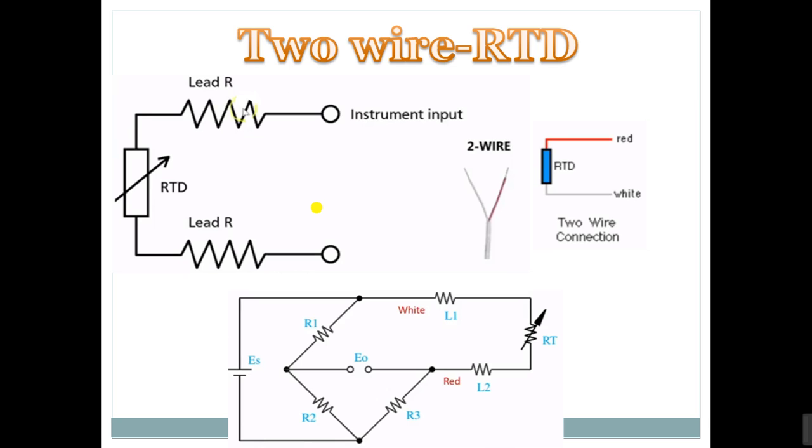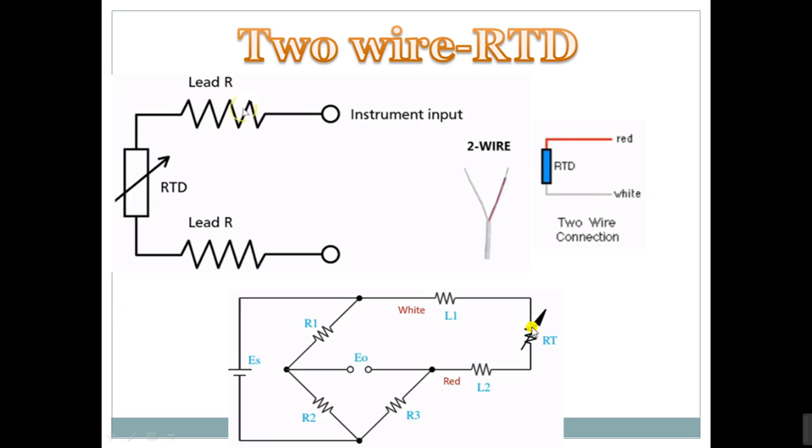The first case shown in this diagram represents 2 wire RTD. See here, 2 wires, one is red, another one is white. The length of the wire also adds some resistance, which is shown here as lead R, both resistances, because of this length.